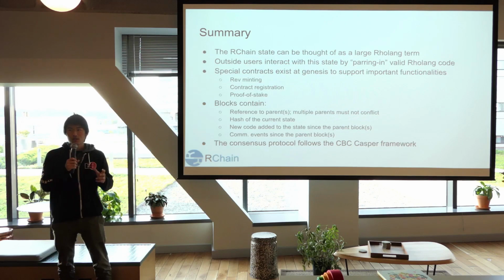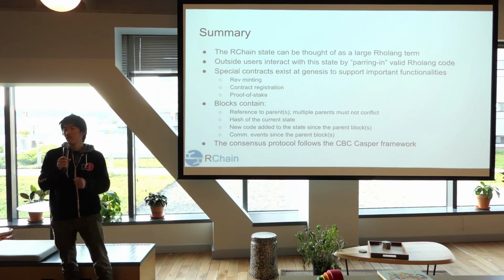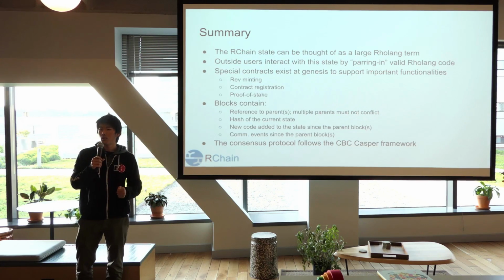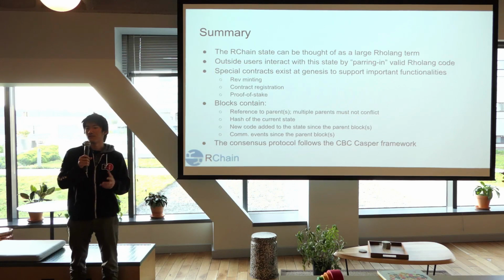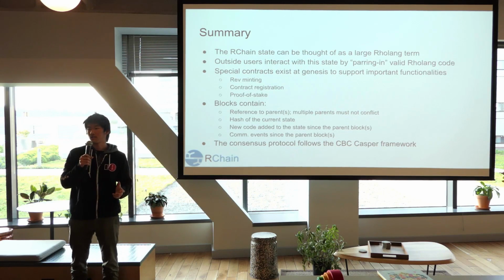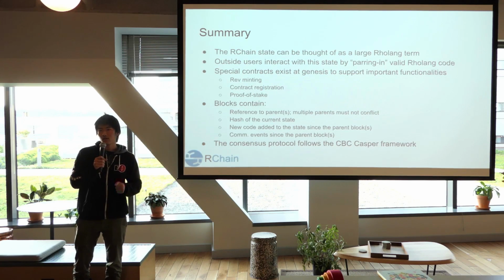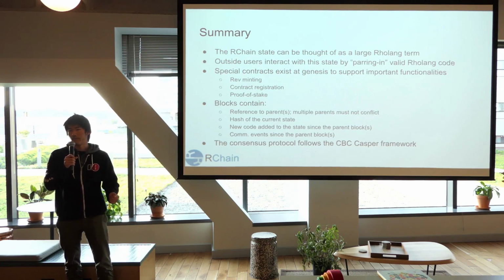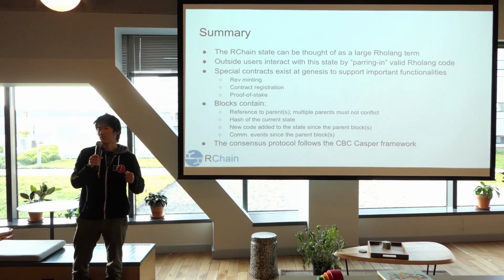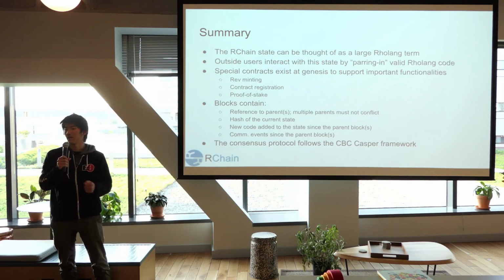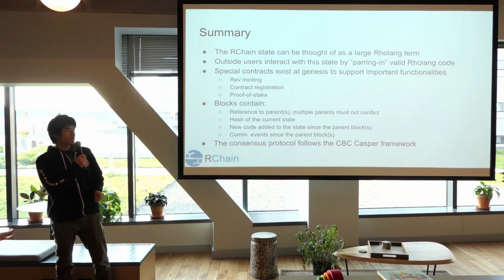And the idea with proof of stake is that, unlike with proof of work, people put in bonds, which are tokens of some value that can be used to stake for the protocol. And once you bond, you're committed to helping the protocol move forward, or else you get penalized in some way.